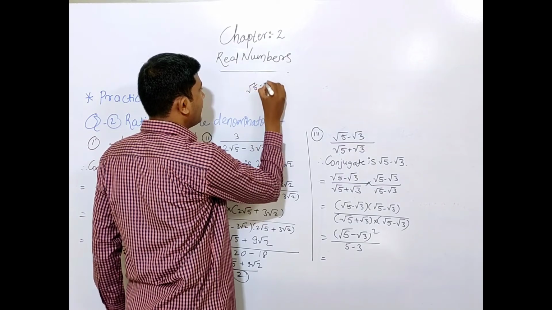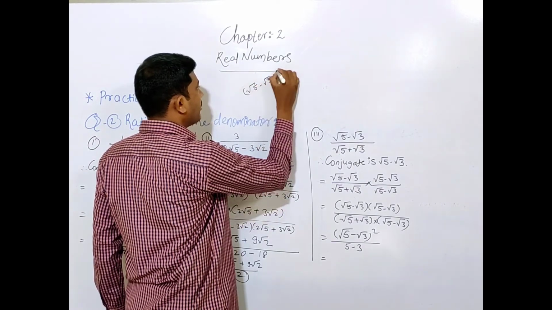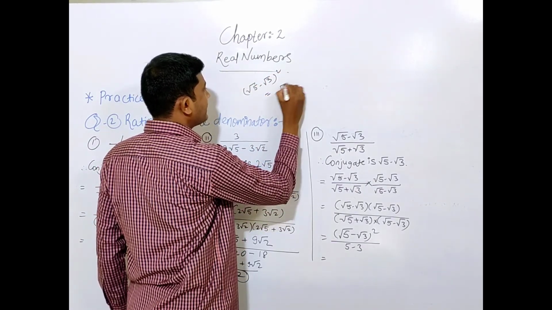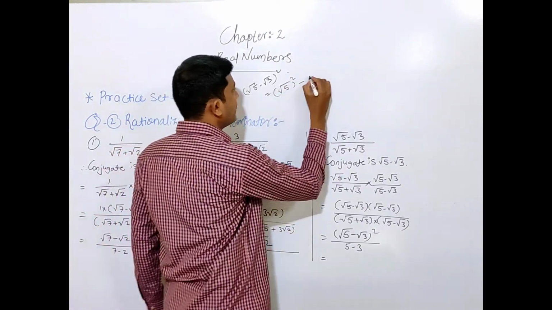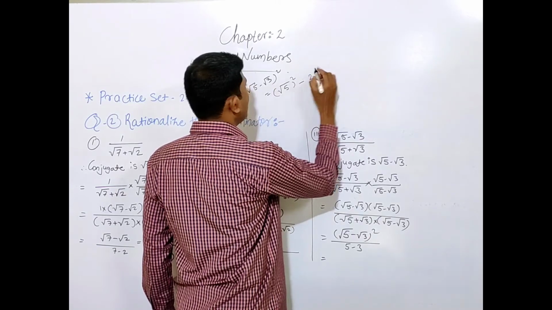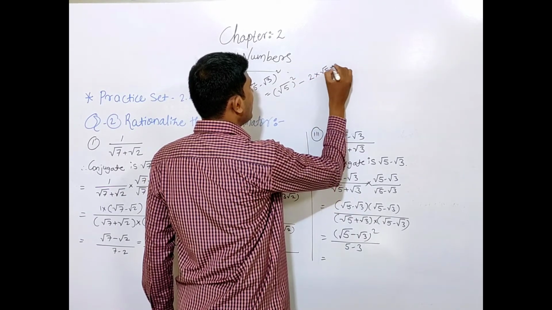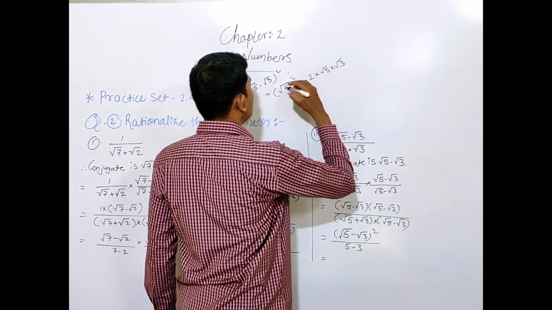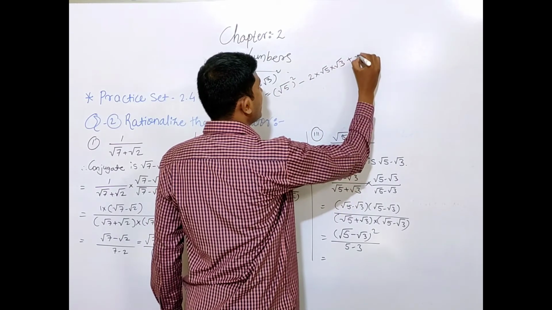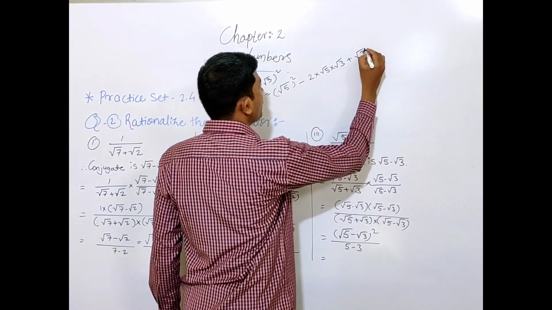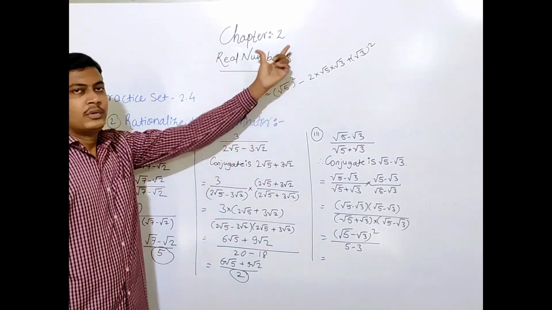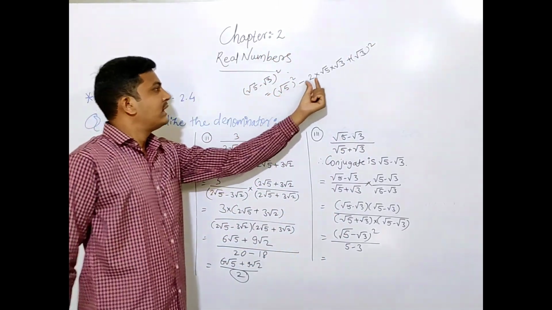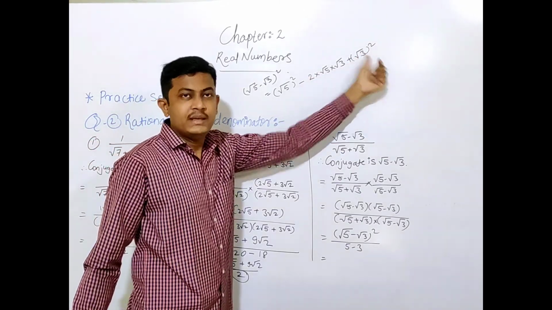Root of 5 minus root of 3 bracket whole square. The expansion of a minus b bracket whole square is a square minus twice ab plus b square.